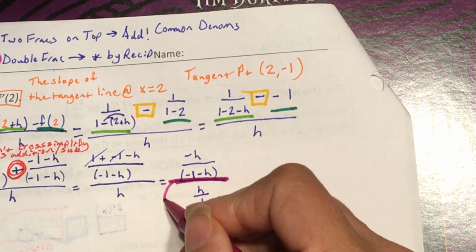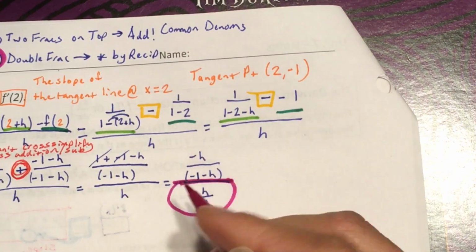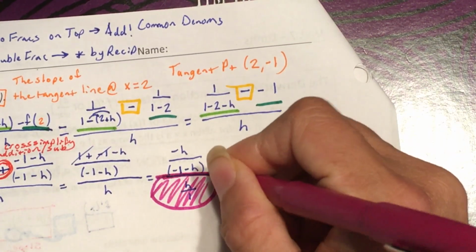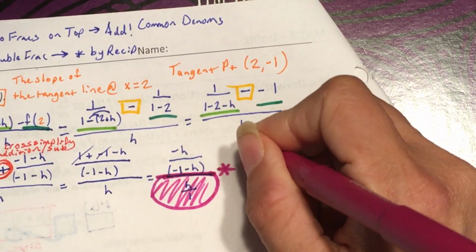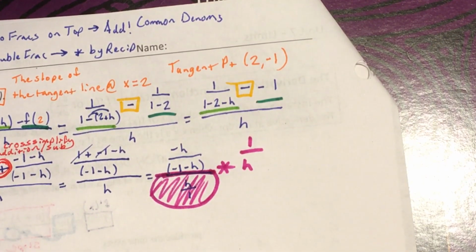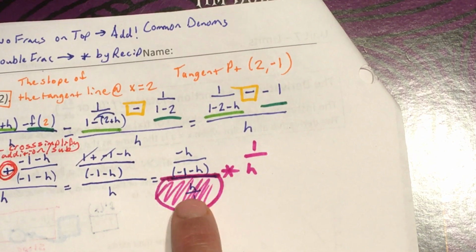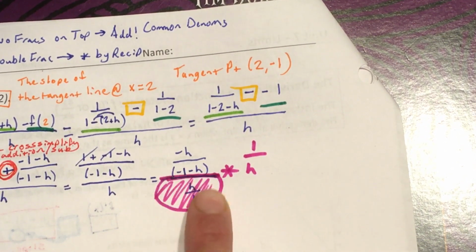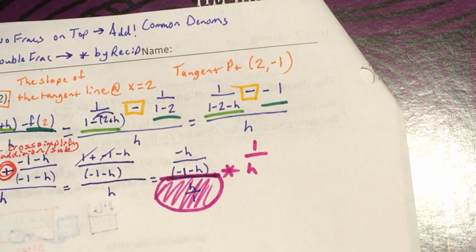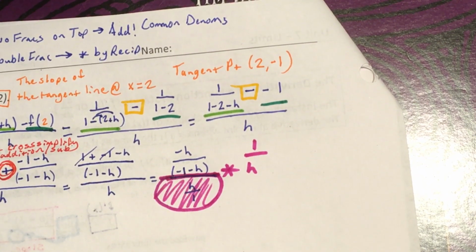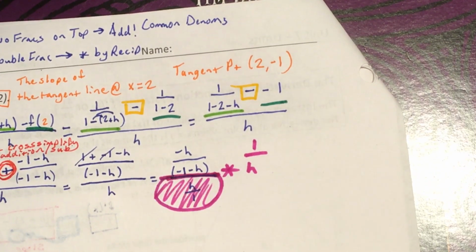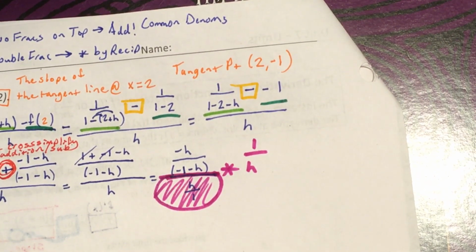So instead of dividing by h over 1, we're going to change that to be multiplying by the reciprocal of 1 over h. So this is no longer here. We're changing dividing by the fraction to be multiplying by the reciprocal. Just like if you wanted to divide by 1/2, you would really multiply by 2. So this is now gone, and my new expression is I'm multiplying by 1 over h.